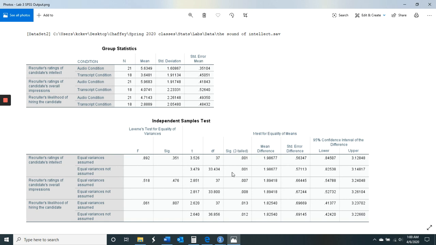Overall impression, look at this line for your information, equal variances. And likelihood of hiring the person, equal variances. And by the way, these tests are for equal variances. If they are greater than 0.05, then they're equal. So look at this line, and this line. Again, there's 3 different t-tests that you have to interpret.